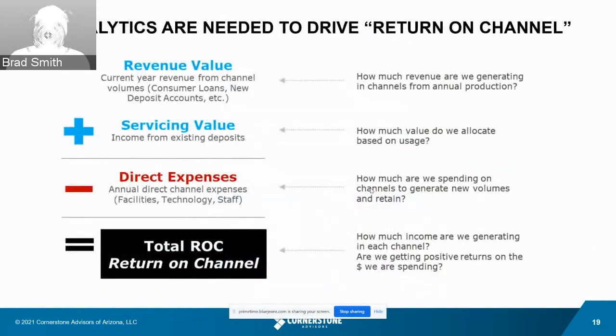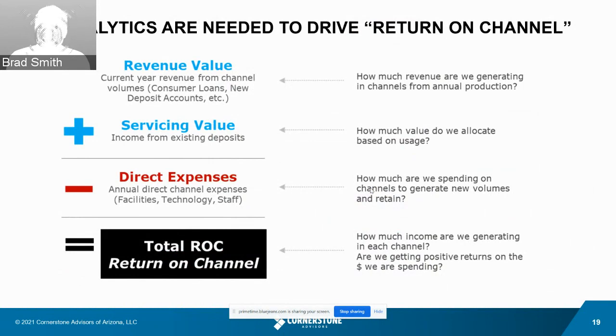So let me just share a very simple concept that often gets lost in branch rationalization efforts. A lot of banks have some level of profitability reporting, but they have this waterline of either being profitable or not. And we would argue that even profitable branches may need to be closed in addition to the obvious unprofitable branches. And that's if you look at the return on channel.